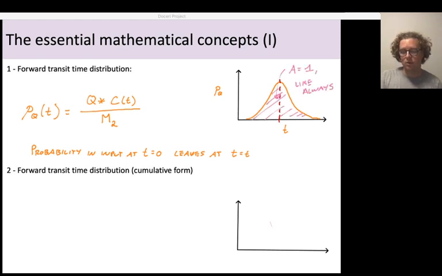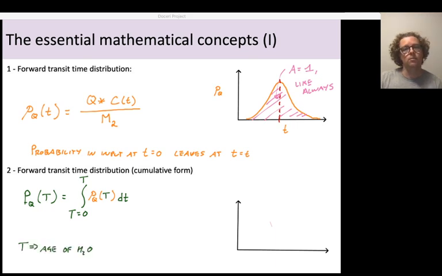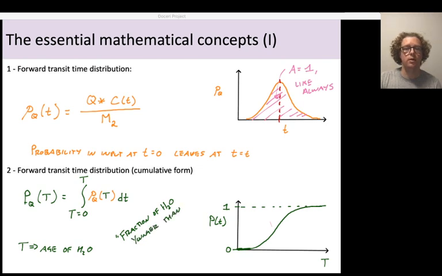And again, this is normalized so that the area underneath that curve is equal to 1. Capital P sub q is simply the cumulative form of what we just described. In this case, capital T represents the age of water in the system. And the cumulative form is asking how much water is younger than time t, or what fraction of water is younger than t.